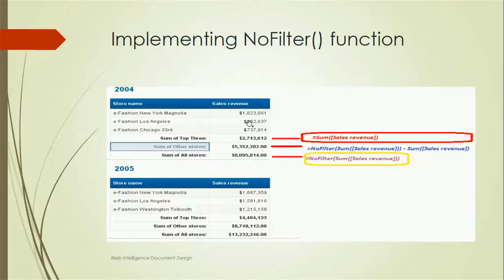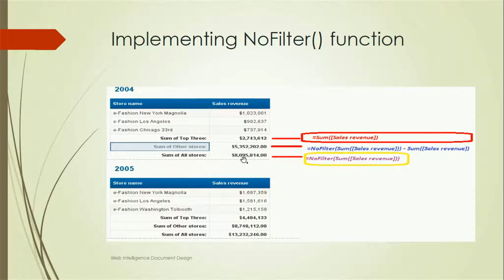But what if I need the sum for the other stores as well? At that time you can use NoFilter sum of sales revenue. This gives all the sales revenue minus the sum of sales revenue, that means this value, so it gives the sum for the other stores.